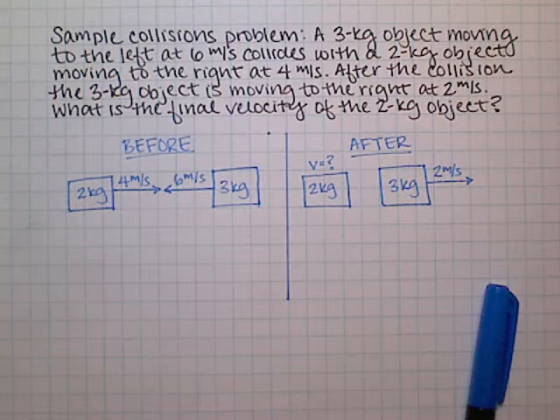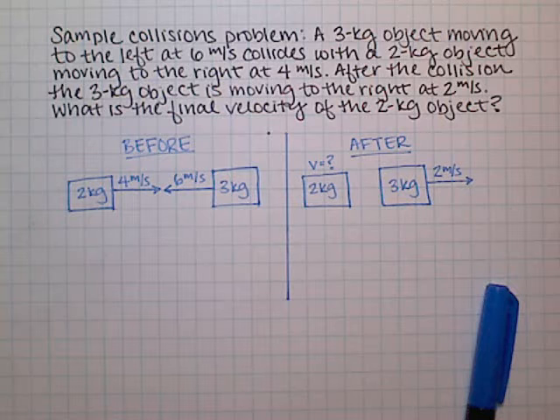Okay, so what I've started with, and what I always recommend starting with in these problems, because there tend to be a lot of moving pieces, is drawing a picture. I'm going to draw a picture with all of my objects before their interaction, and a picture of all of my objects after their interaction. And when I say interaction, that could be a collision or an explosion, whatever the big event in our story is.